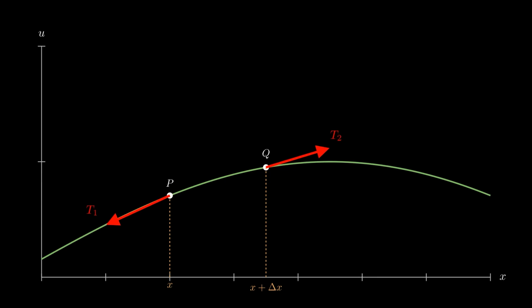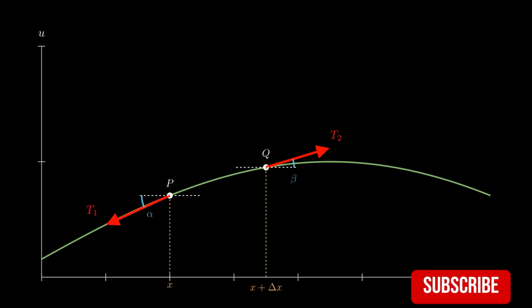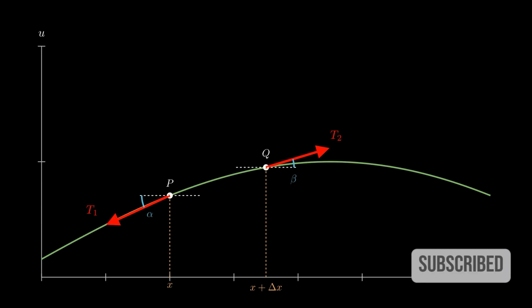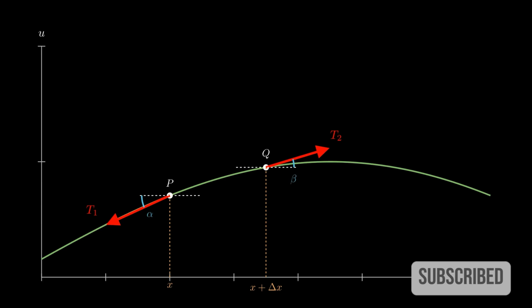And because this is a string, you know the string is in tension. So you can see the tension forces as we see on the screen, tension 1 and tension 2. So they're pulling, of course, as we learn from dynamics, we can do a summation of forces or a free body diagram to solve for the tension in the string.